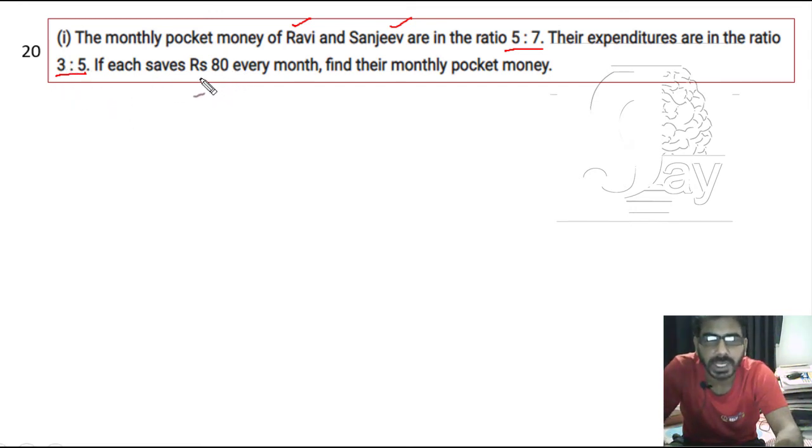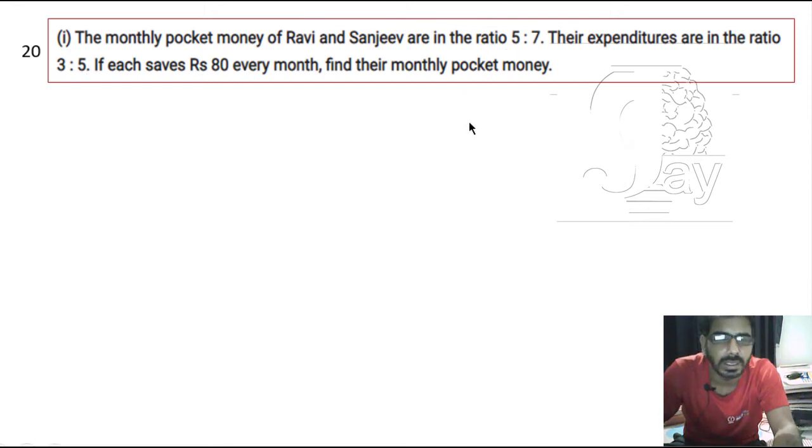Now if each saves rupees 80 every month, what is saving? Saving is the total amount you got minus what you have spent. So income or pocket money minus the expenditure is the saving. Both of them save rupees 80 every month. You have to find the monthly pocket money of Ravi and Sanjeev both.